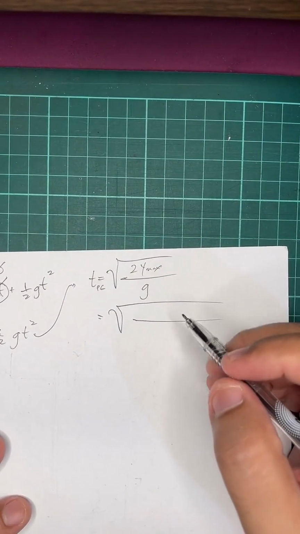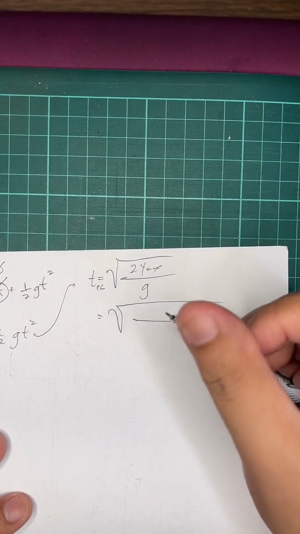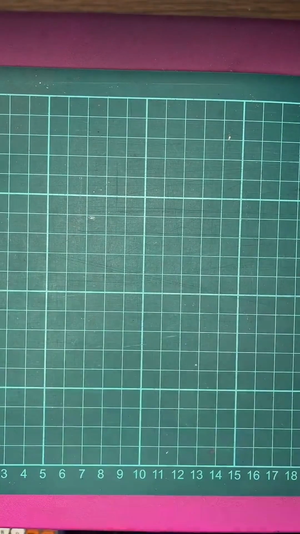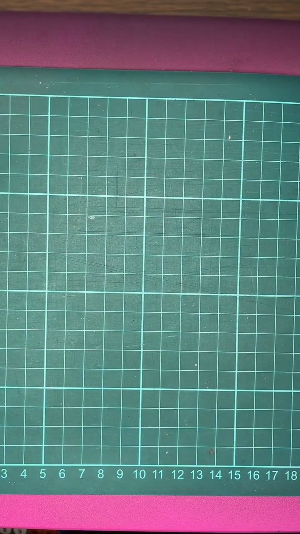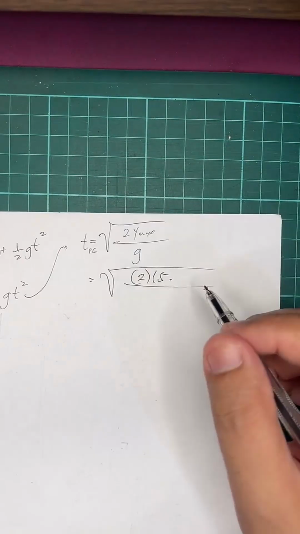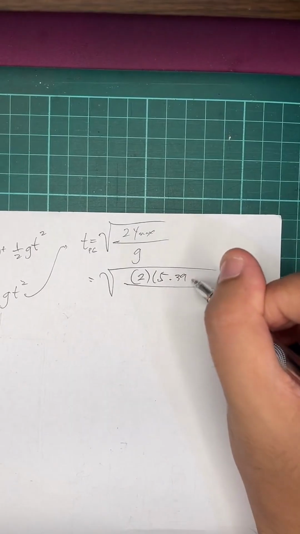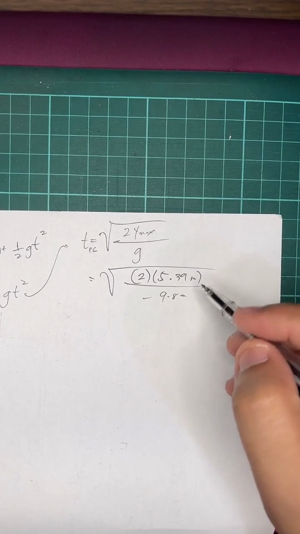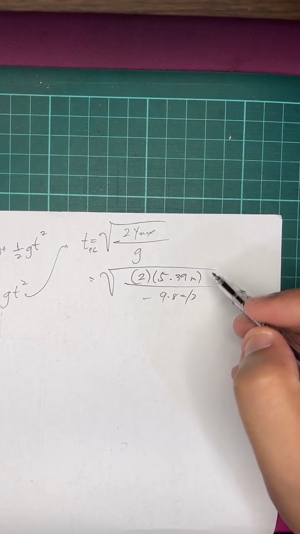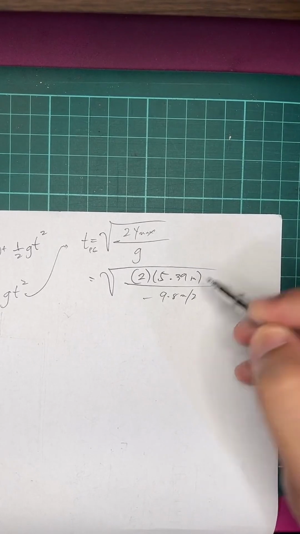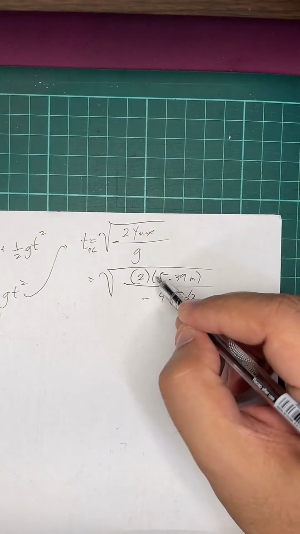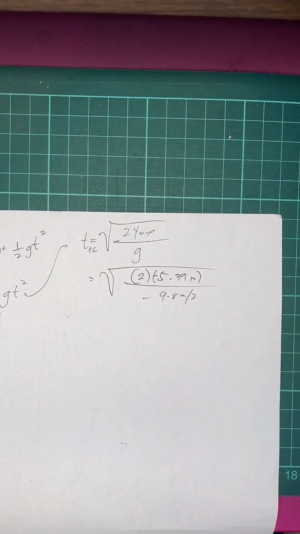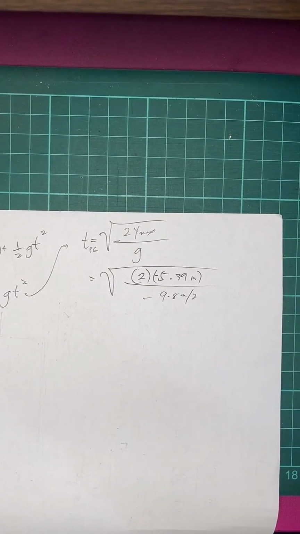So we have 2 times 5.39 meters divided by negative 9.8 meters per second squared. Sorry, the y max here should be negative, since the object is displaced from the peak to the ground.